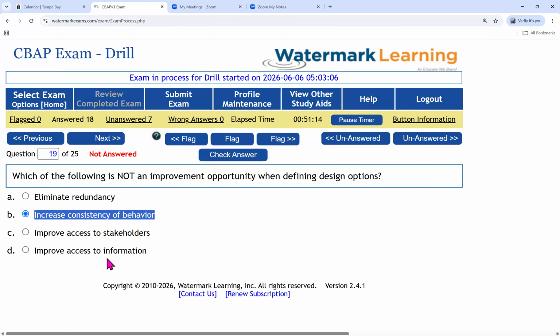I would say the C is the wrong one. Tell me why you like C better, Gabriella. Because increased consistency of behavior, for me, is a good sign for a good design.